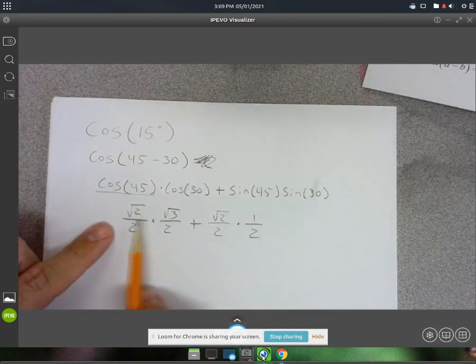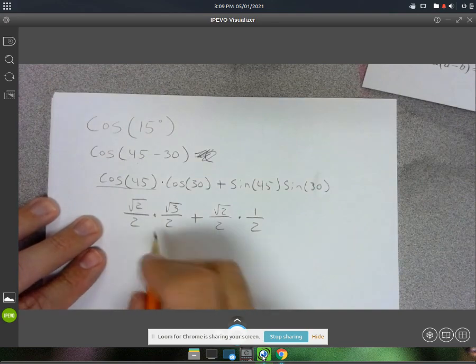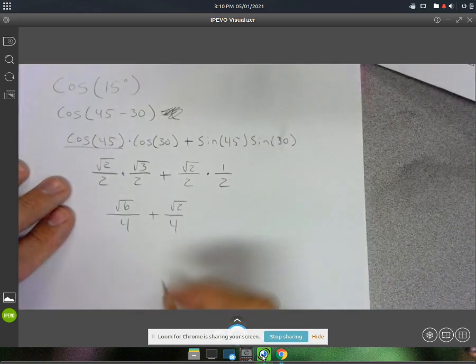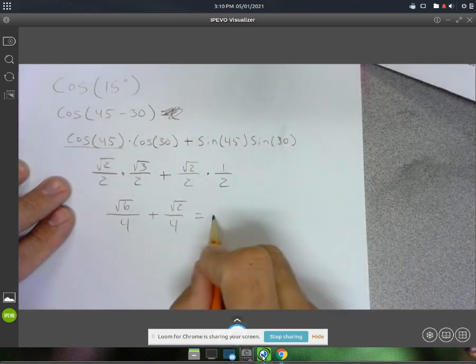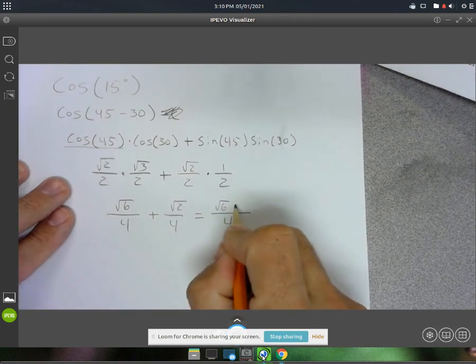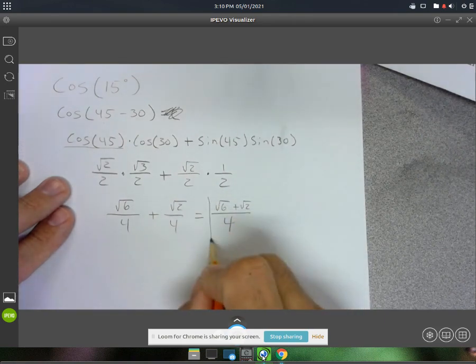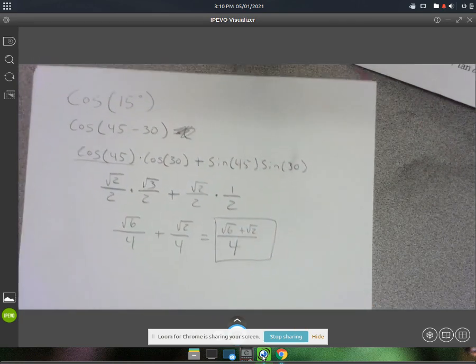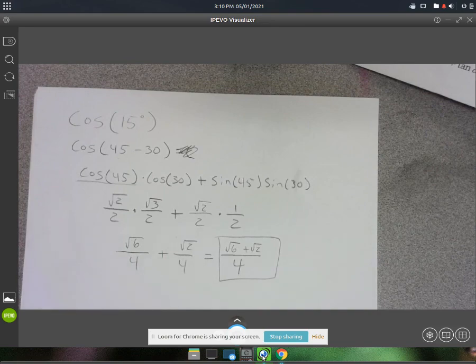We'll multiply these out straight across. We get a root 6 on top and a 4 on bottom. And for this term, we get a root 2 on top and a 4 on bottom. They have the same denominator, so we can combine them and call it root 6 plus root 2, all over 4. There it is. That's our exact answer for the cosine of 15 degrees, in case you ever needed it.